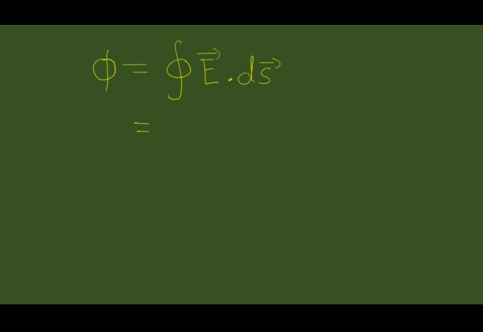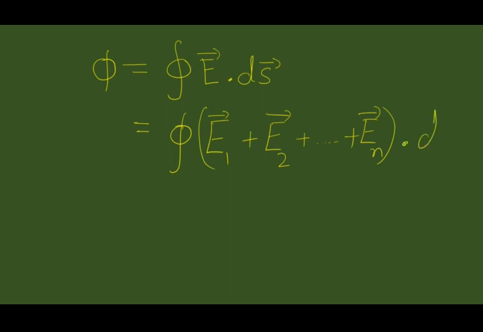Now, even when many charges are present, the superposition principle holds good. Therefore, I can write that electric field as E1, that is due to the first charge, plus E2, that is due to the second charge, and similarly so on, En due to the nth charge, dotted with ds vector. And you know that this is a linear operation.